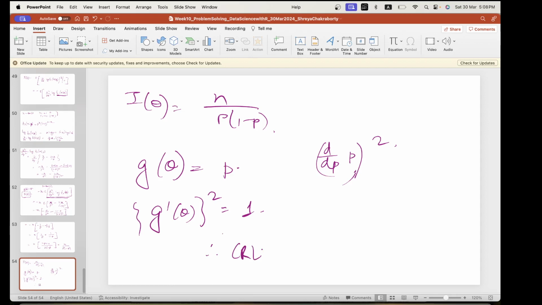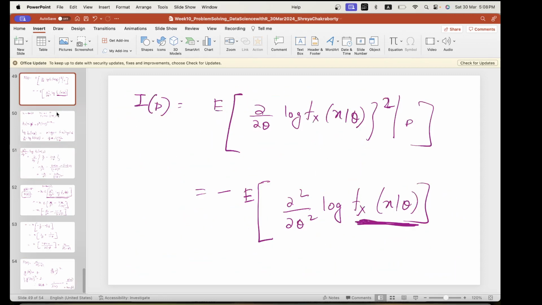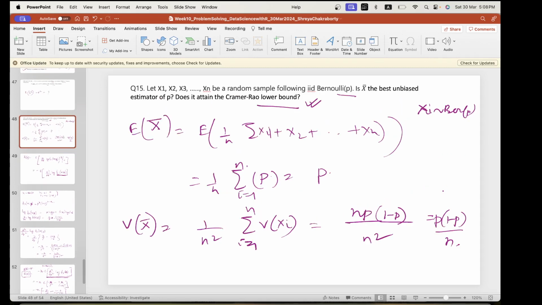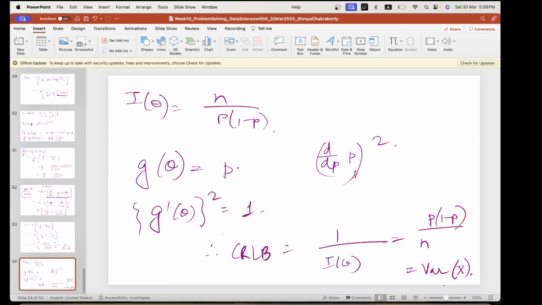Therefore CRLB is 1 by I theta, that is p into 1 minus p by n. Now this is matching the variance of x bar that we had already calculated. Here, see, variance of x bar is p into 1 minus p by n, and that is matching our CRLB.